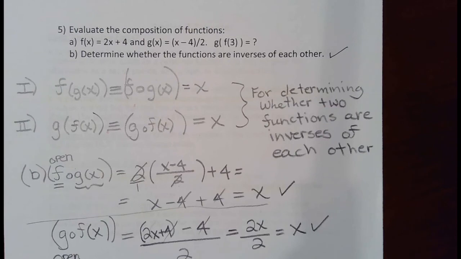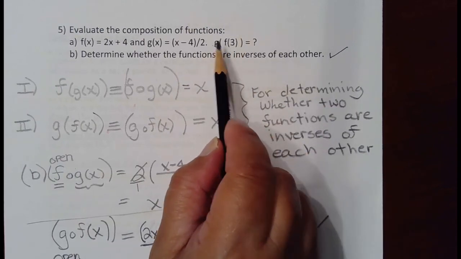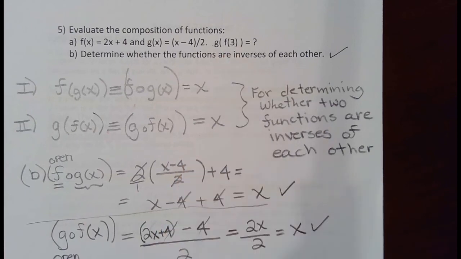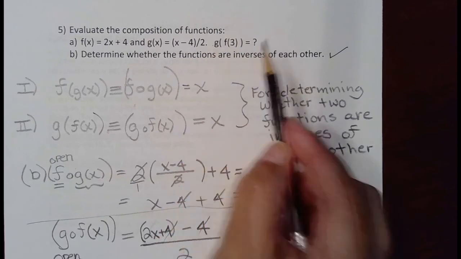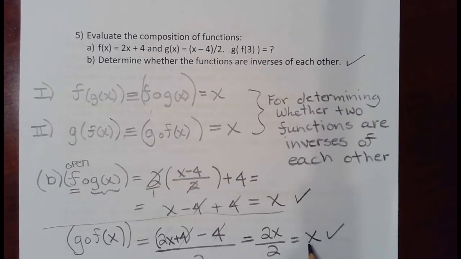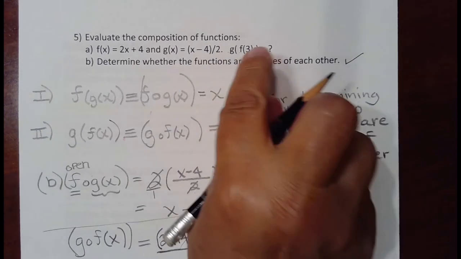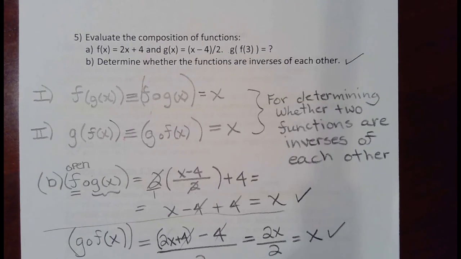But they want us to take what we got as this algebraic expression and evaluate it at 3, which just means plug in 3. So if you plug in a 3 right there, you get 3. So that's part A. That's why I wanted to do part B first, because I knew as part of part B we would be doing g composed of f, which is what this is.